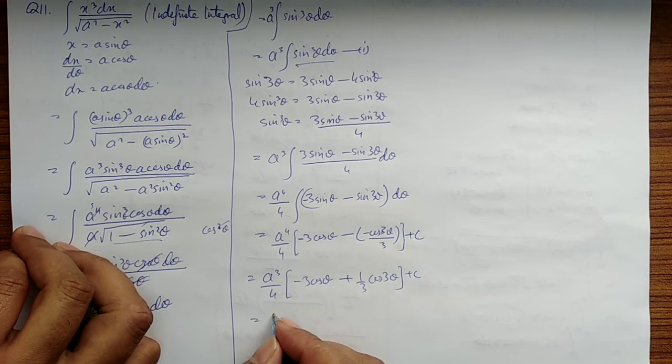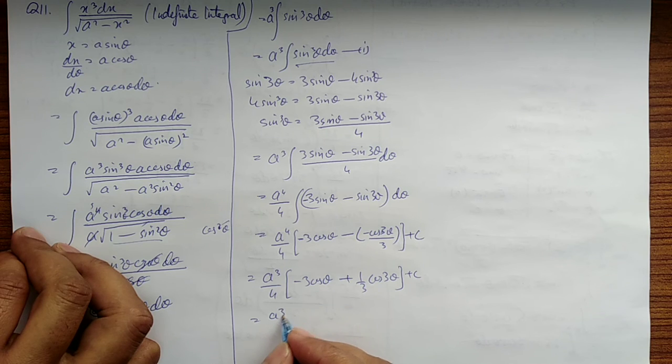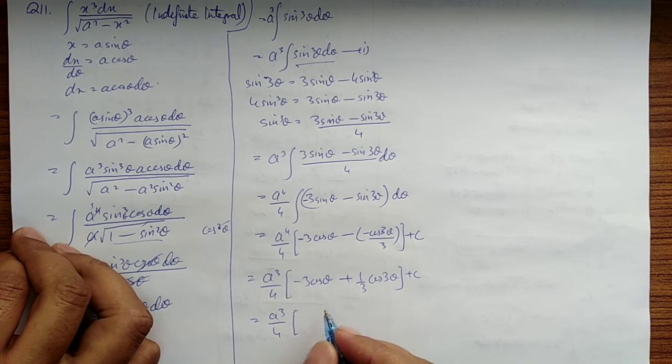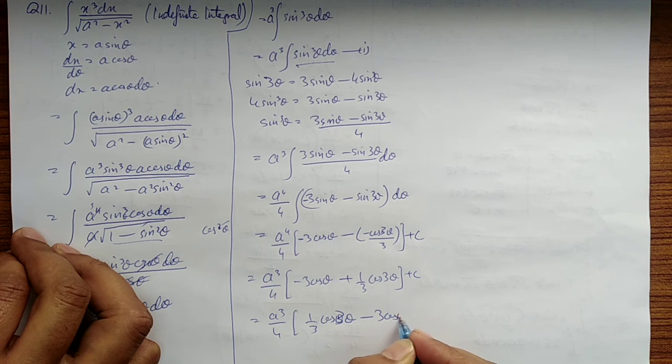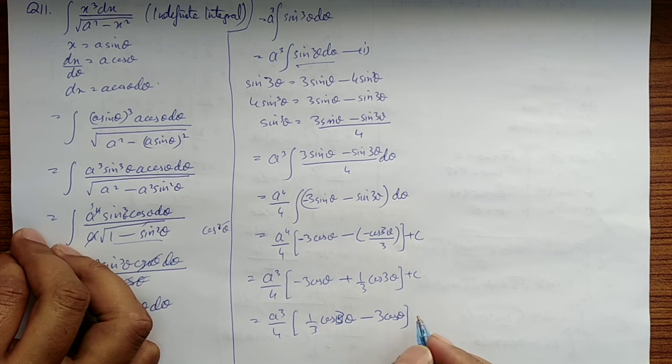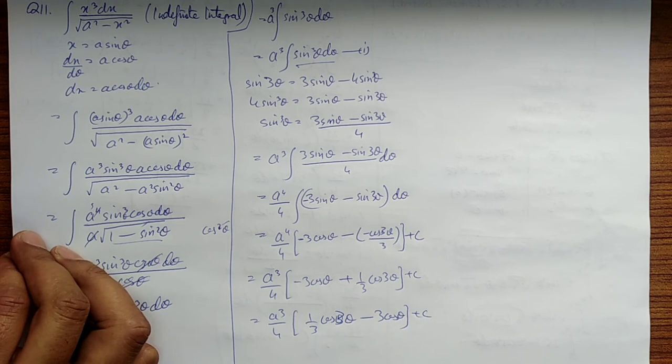Okay, now we can further write it as a cube upon 4, 1 upon 3 cos 3 theta minus 3 cos theta, plus c.